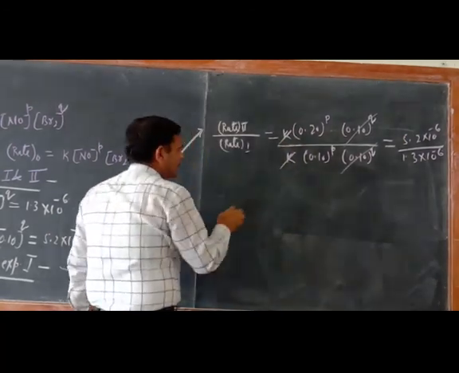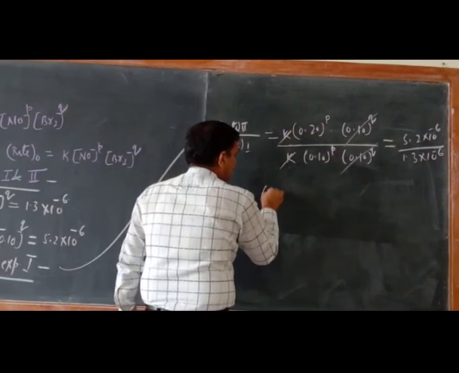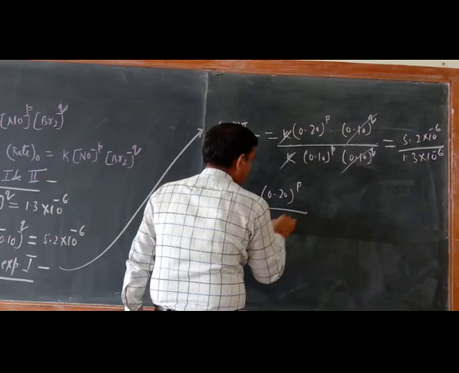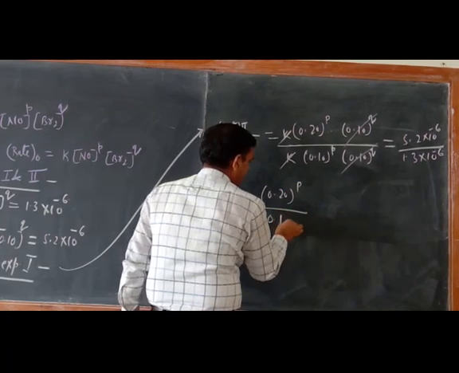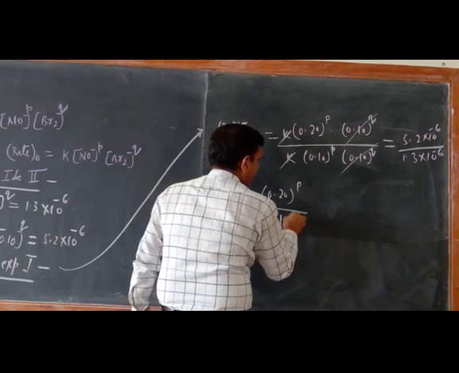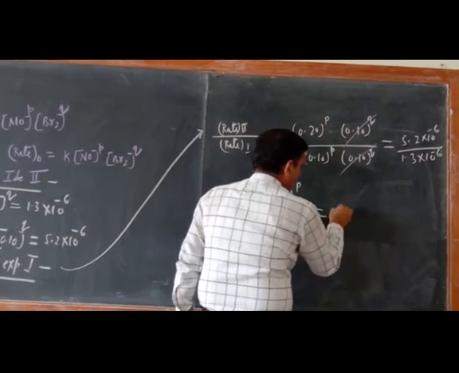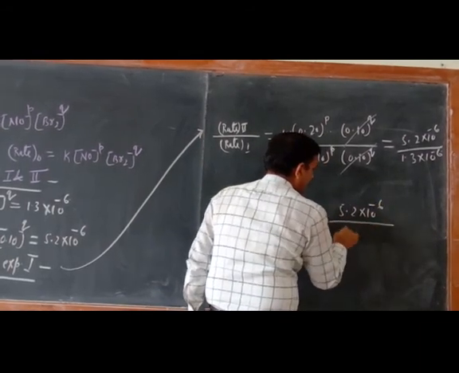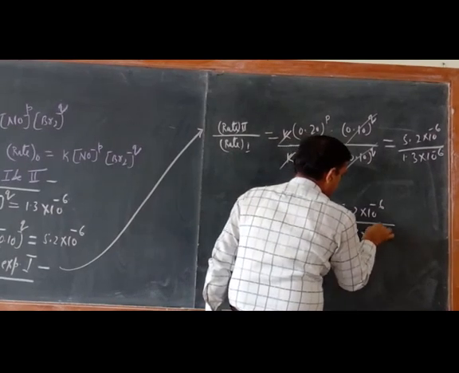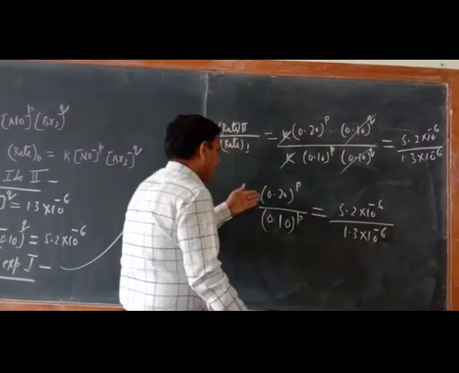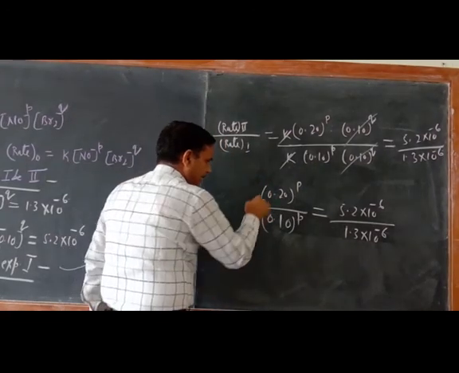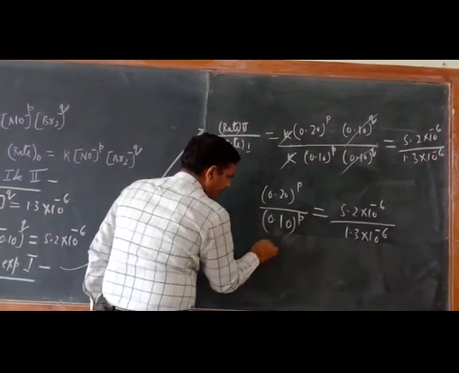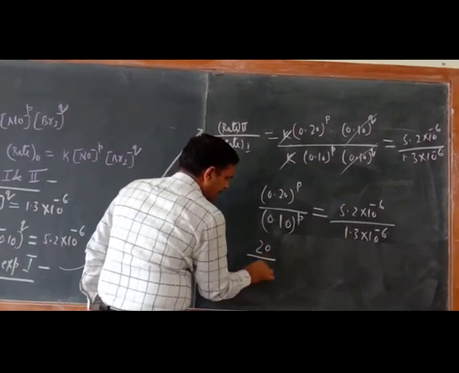Now you will have 0.20 to the power P and here 0.10 to the power P, that is equal to 5.2 into 10 raised to the power minus 6 divided by 1.3 into 10 raised to the power minus 6. Now we can simplify this one.